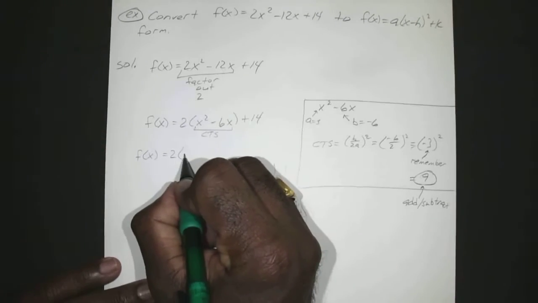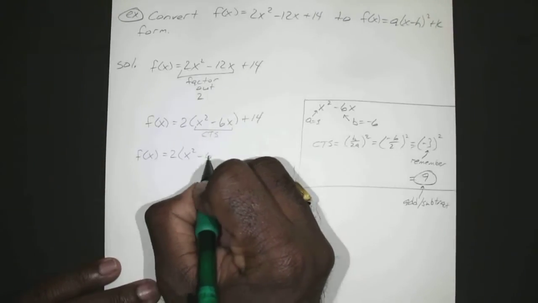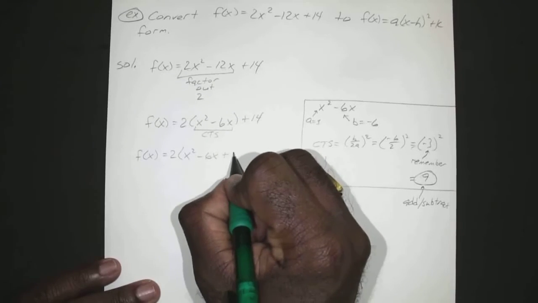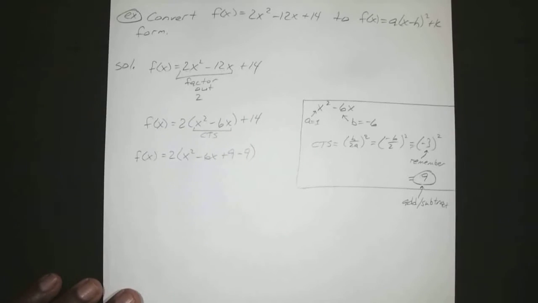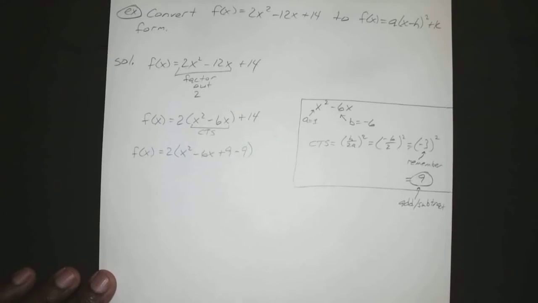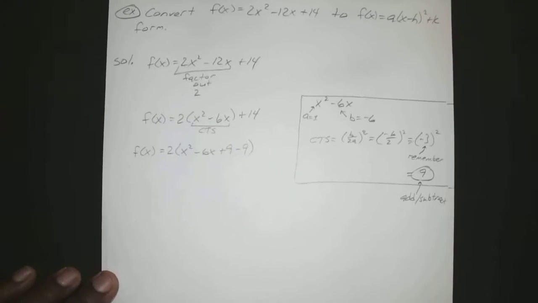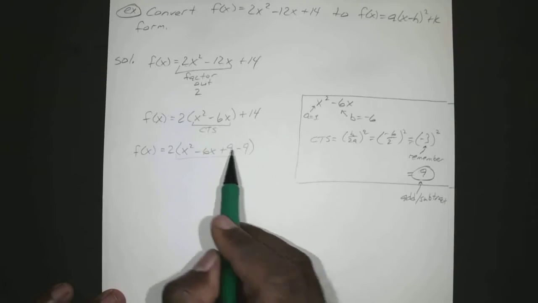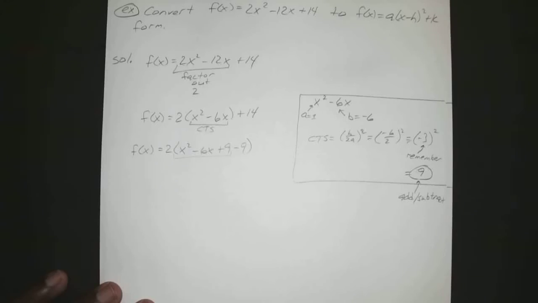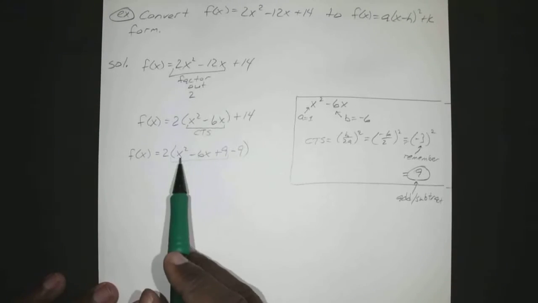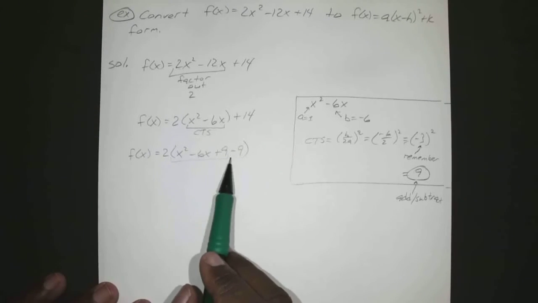Okay, so you have 2 times x squared minus 6x plus 9 minus 9. Now you only need these 3 terms in there. You don't need that minus 9. So you're going to bring that out. But the thing is, you have to remember, everything inside of here is multiplied by 2.